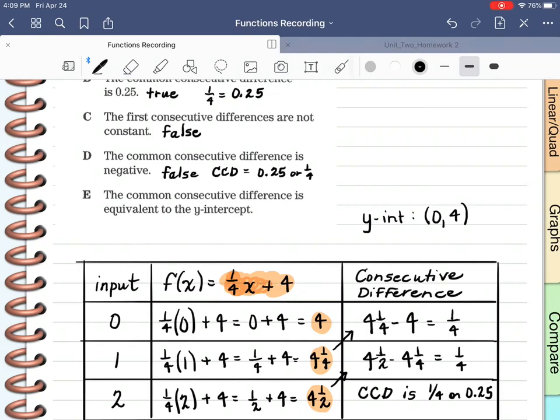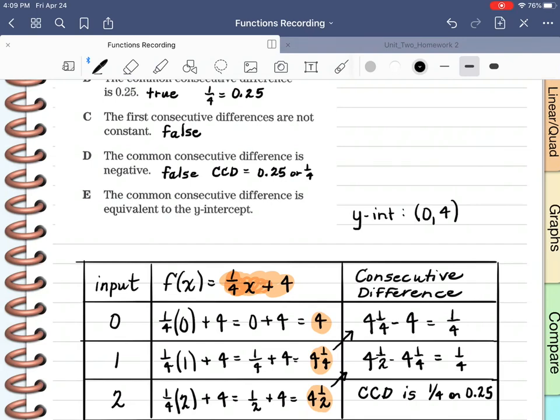The common consecutive difference is equivalent to the y-intercept. That really doesn't even make sense to me because y-intercept, I guess they're talking about the 4. Let's look at it that way. That's what they're saying. To me, a y-intercept is a point. It's a coordinate.